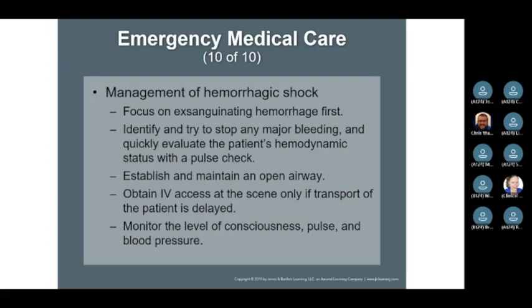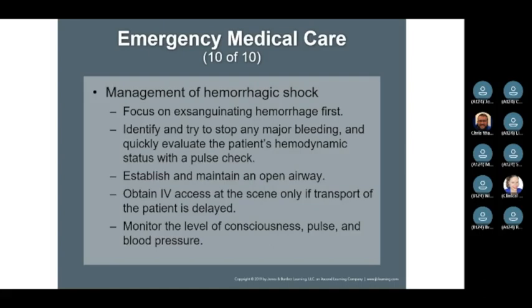Your management of hemorrhagic shock, focus on exsanguinating hemorrhage first, your XABC. Identify and try to stop any major bleeding, and quickly evaluate the patient's hemodynamic status with a pulse check. Establish and maintain an open airway while maintaining manual stabilization if necessary.